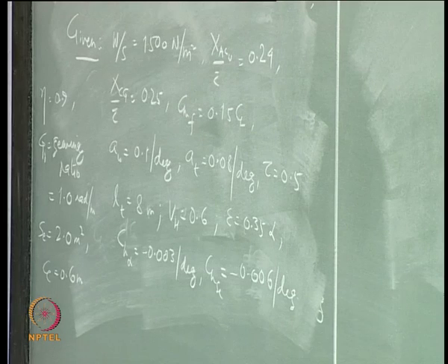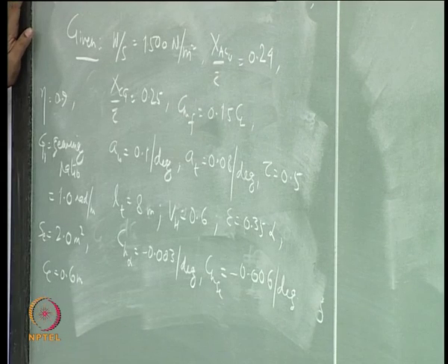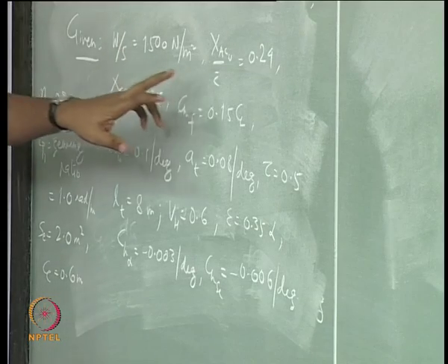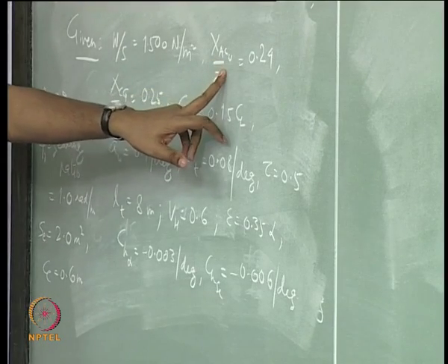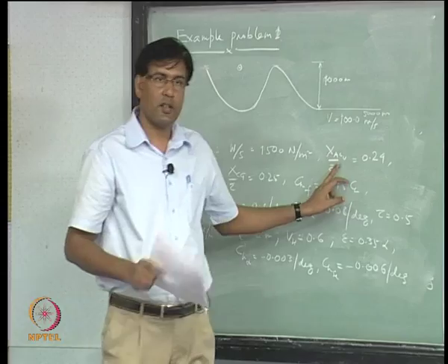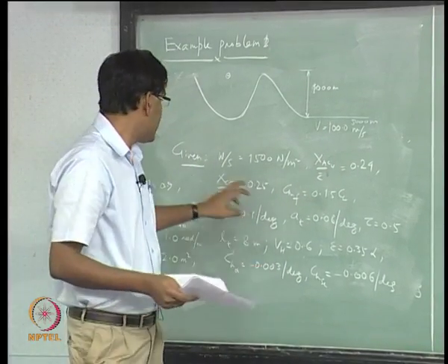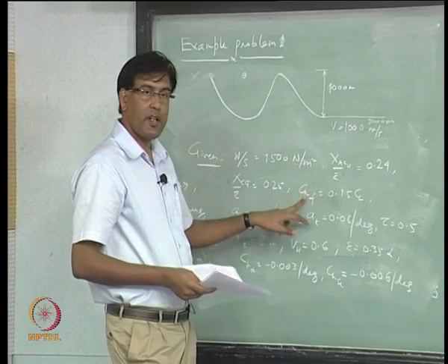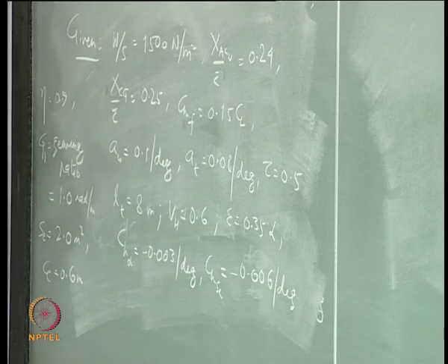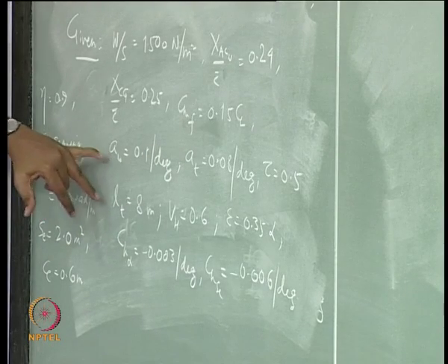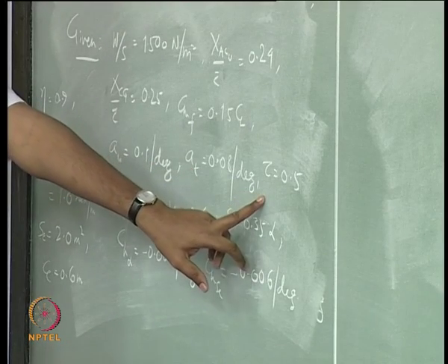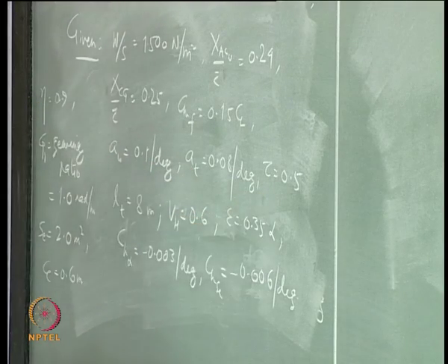Right. Can you read everything? This is wing loading which is 1500 Newton per meter square. Location of the wing aerodynamic center, CG location, pitching moment due to fuselage, lift curve slope of the wing, lift curve slope of the tail, elevator effectiveness parameter.